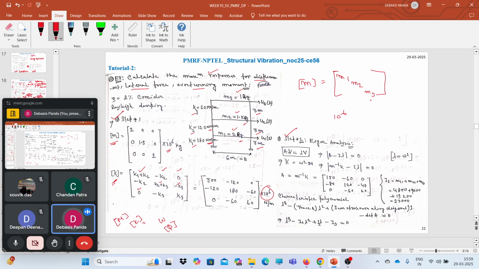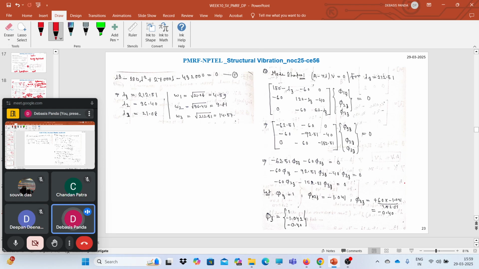That means we need to formulate the characteristic equation, K minus omega square M, and solve the determinant equal to 0. After solving it, it's a little lengthy calculation, but it's very simple.